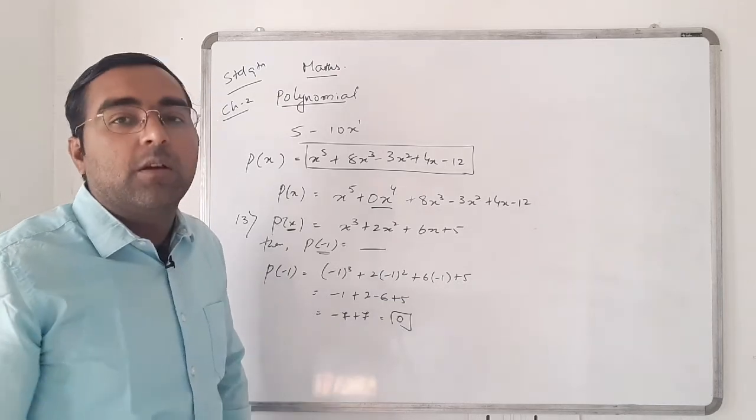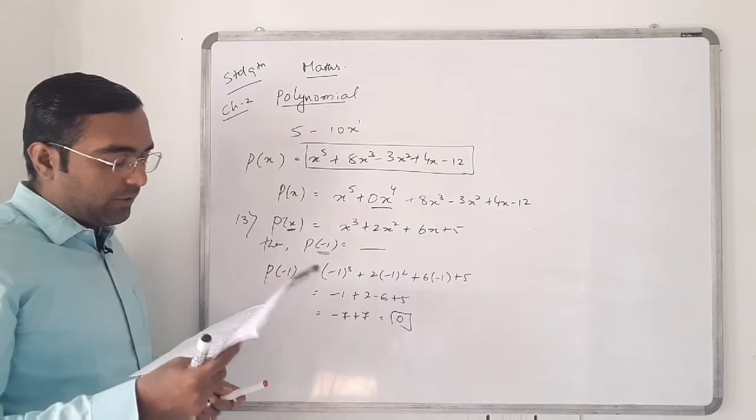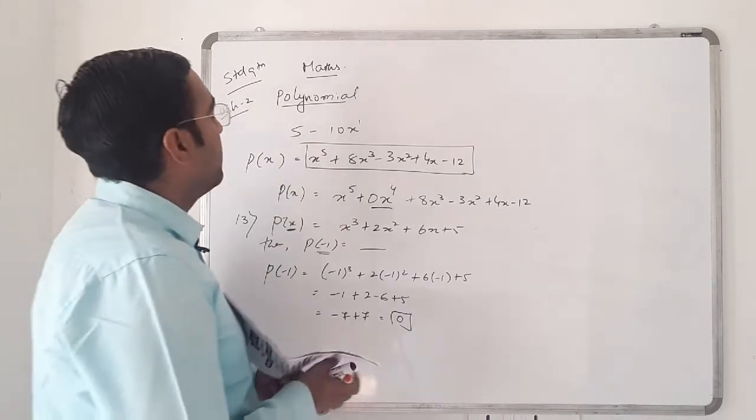Question number 14. In this question we take p of 2, that means the value of x equal to 2.